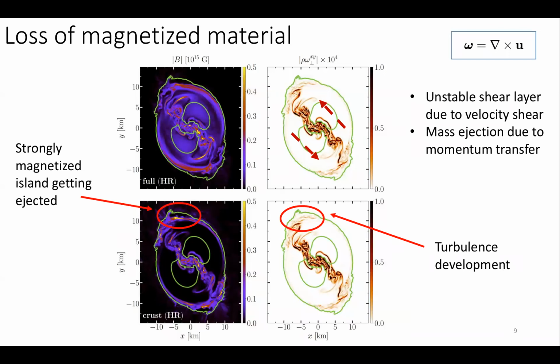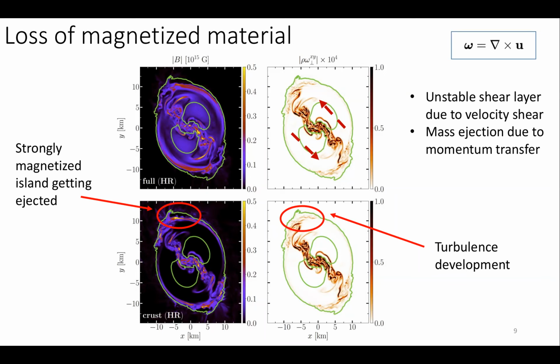Also, turbulence is starting to get active in these regions, even though the turbulence is not due to the Kelvin-Helmholtz instability. It will further increase the ejection of matter and essentially remove important magnetized material, which could otherwise be used in the shear layer, interior to the stars or closer to the stars, in order to amplify the energy.